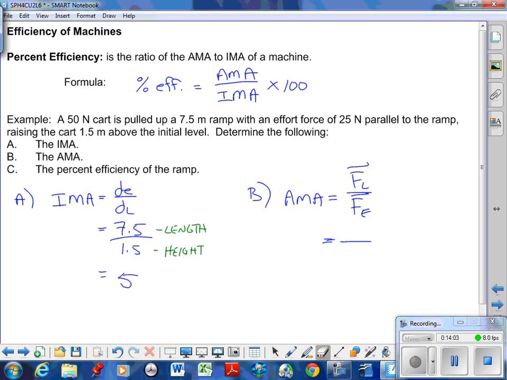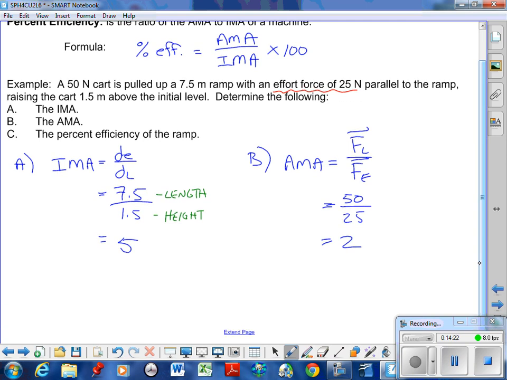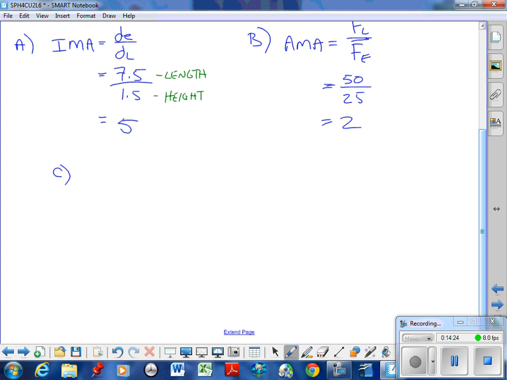Apologize, I have these upside down. So your load is the 50 newtons, okay? And the effort, and the dead giveaway is right here. I don't know what I was thinking. It said effort force right in the question. It's just me not paying attention. Is 2. So now we can calculate C part, which is our percent efficiency.